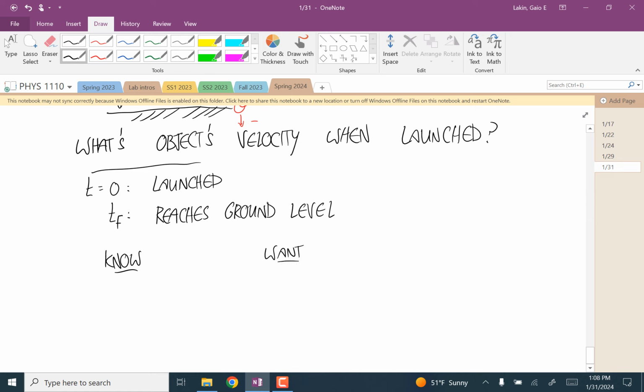This time we know what the stopwatch says when it reaches the ground. TF is equal to 0.3 seconds.